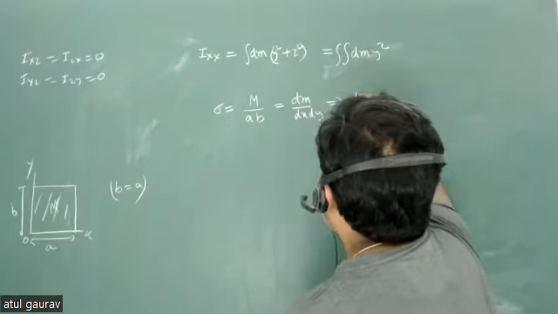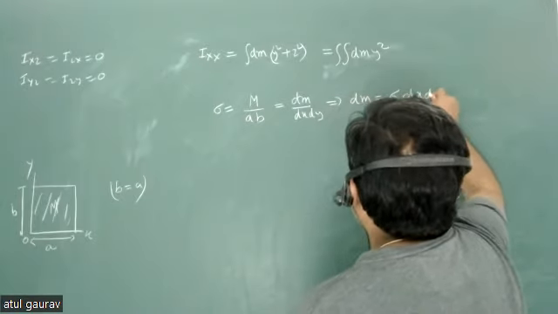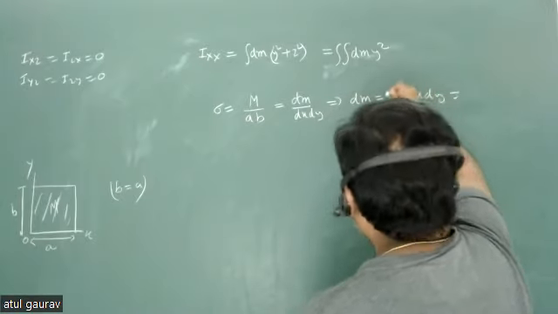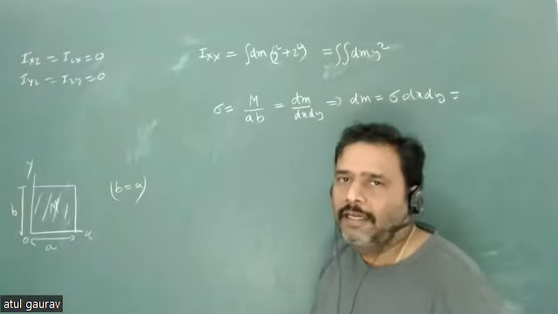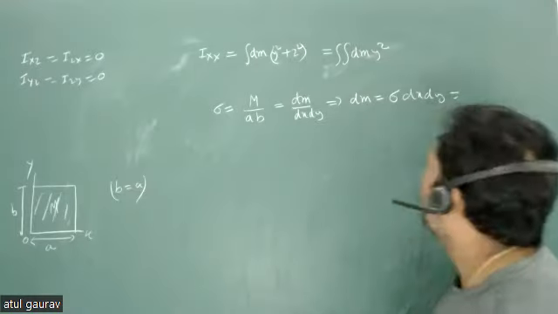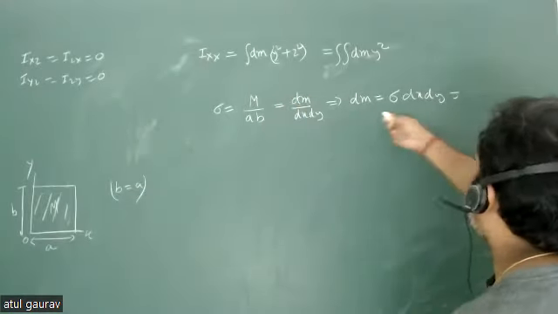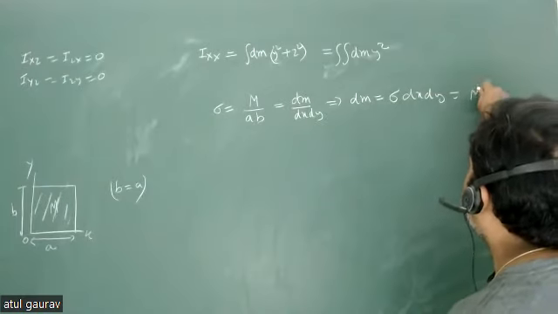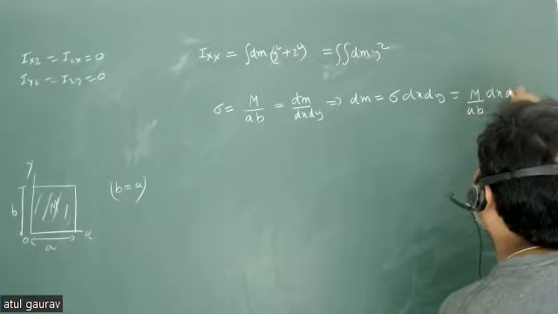My dm is equal to sigma dx dy. In the examination, they will give you sigma if it is a function of x and y, or you can just take the ratio if they are constant. So here it is constant, and we can just go for m upon ab dx into dy.